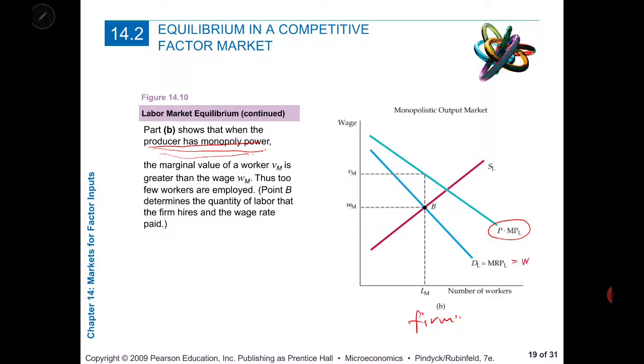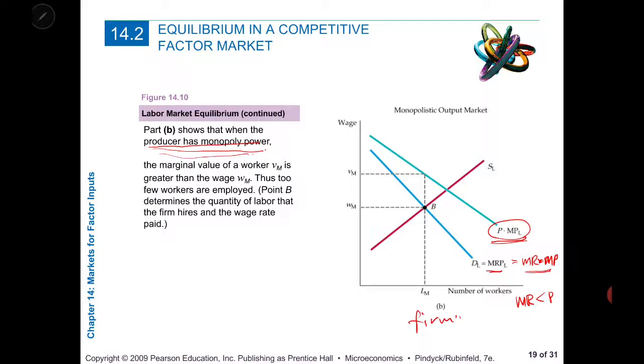This one is MR times MP, because the formula of MRP is MR times MP. Since MR is less than P, MR times MP is less than P times MP. I repeat, MR times MP is less than P times MP.